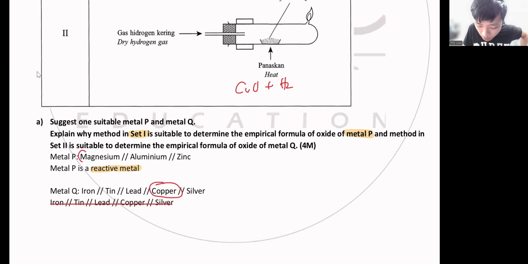Normally, of course, I recommend the standard answer, but in the answer scheme, any of these is accepted. Then you can say why. Metal P, same thing, is a reactive metal. Metal Q is less reactive than hydrogen.